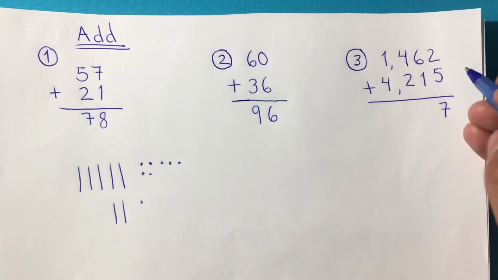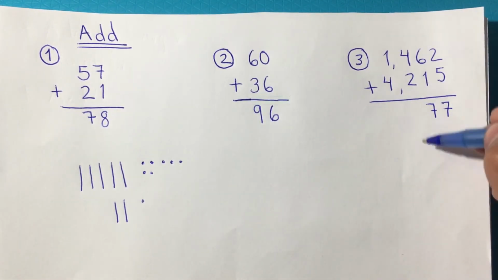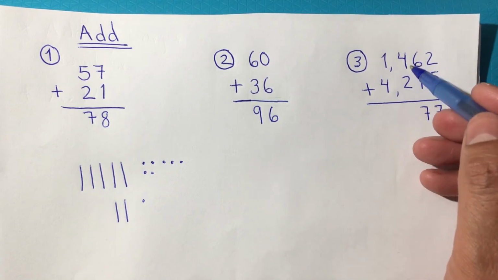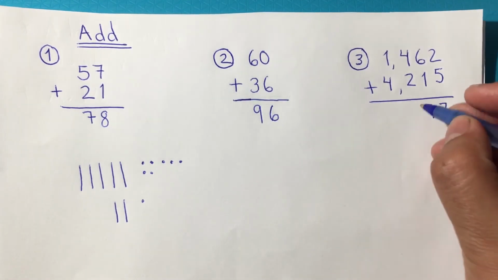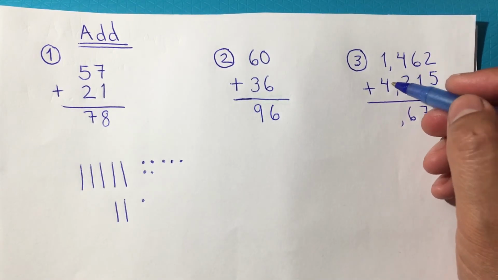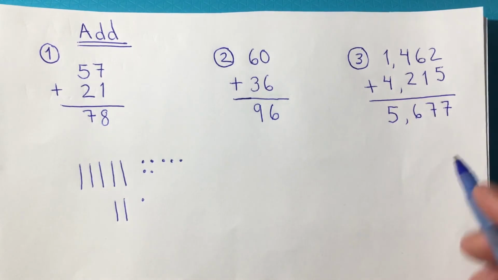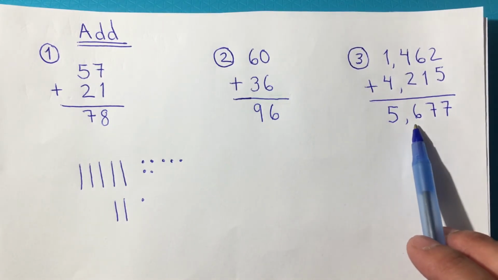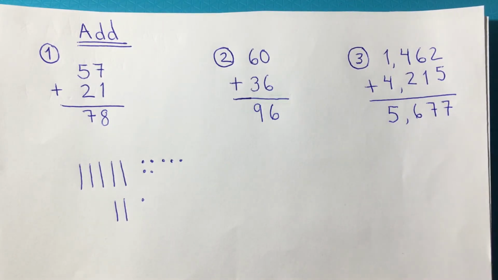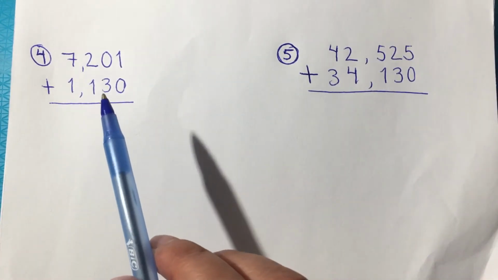So 6 plus 1 is 7 in the tens place. In the hundreds place, you have 4 and 2. 4, 5, 6. So 6 tens. And then in the thousands, 4 plus 1, 5. So it's 5,677.